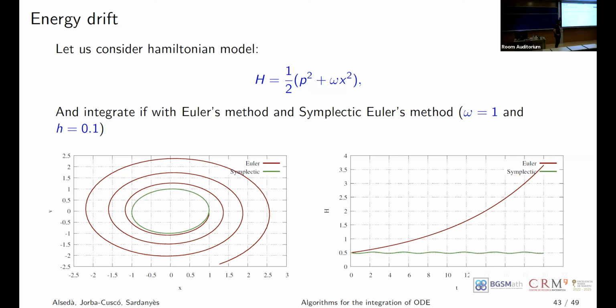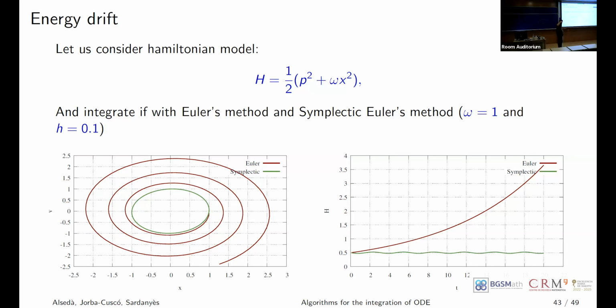Another funny thing: if you integrate a very simple Hamiltonian model, which is a standard linear oscillator, and you use the Euler method, this is a Hamiltonian, and this quantity should be conserved, but it's generally not, due to propagation of error.